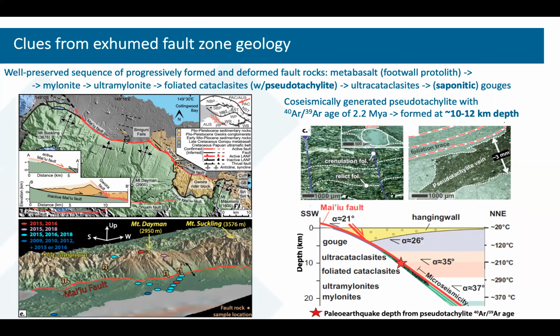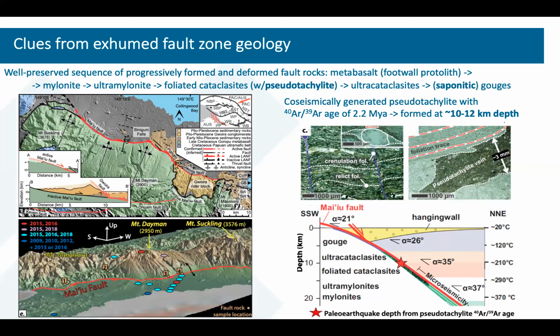And the fault core that they found is really well preserved, and it preserves the entire sequence from the protolith rocks, which begin their journey as metabasalts in the footwall down here. And they become progressively cannibalized and deformed into this series of fault rocks. So they're first sheared into mylonites and ultramylonites down here below the brittle-ductile transition.